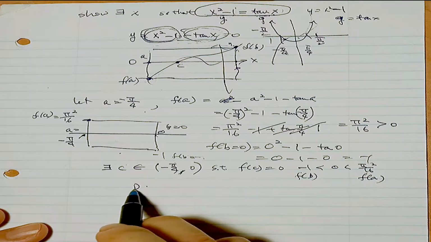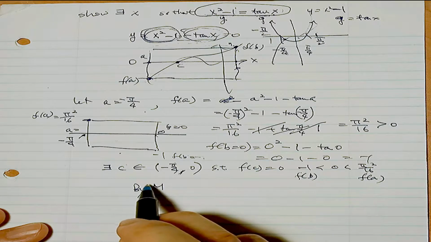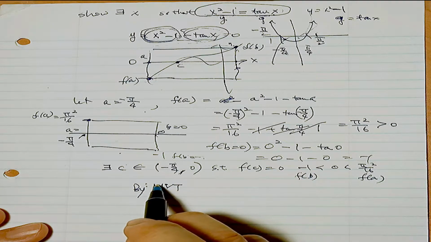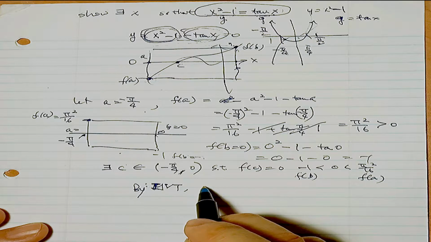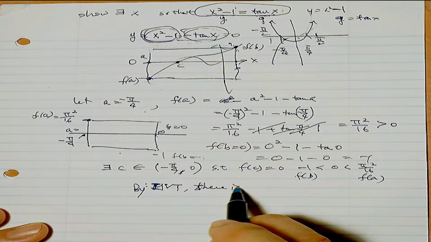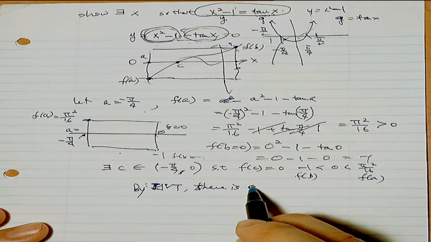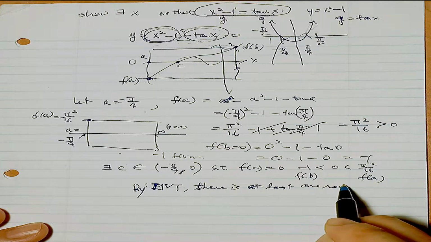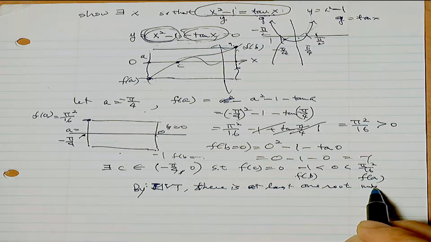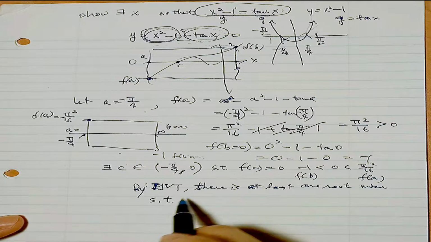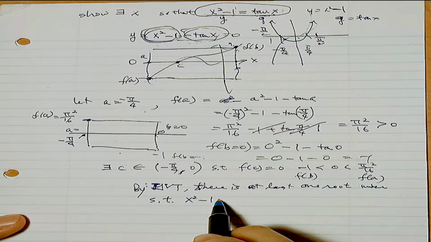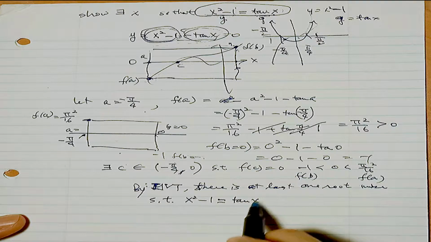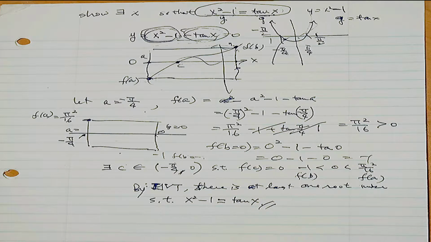And therefore, you write by intermediate value theorem, there is at least one real number such that x squared minus 1 equals tangent x. And that's all you have to say.